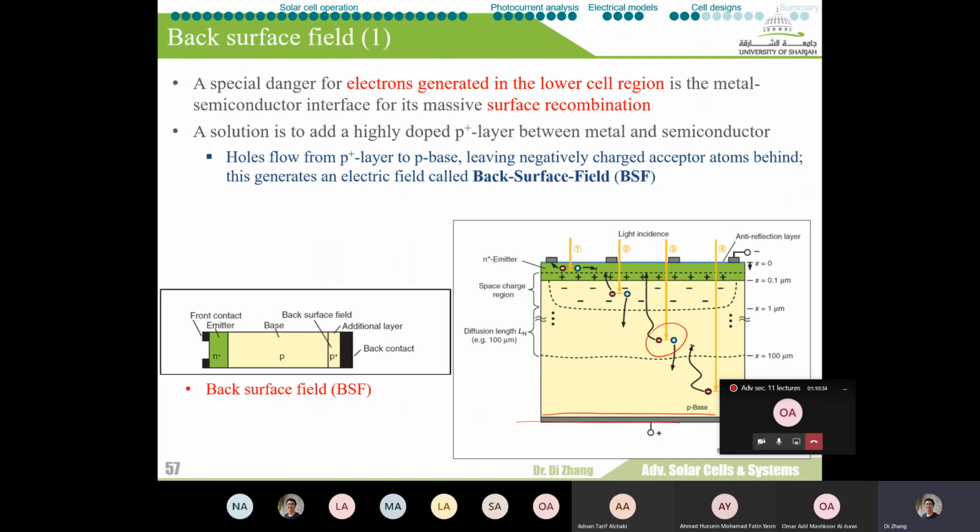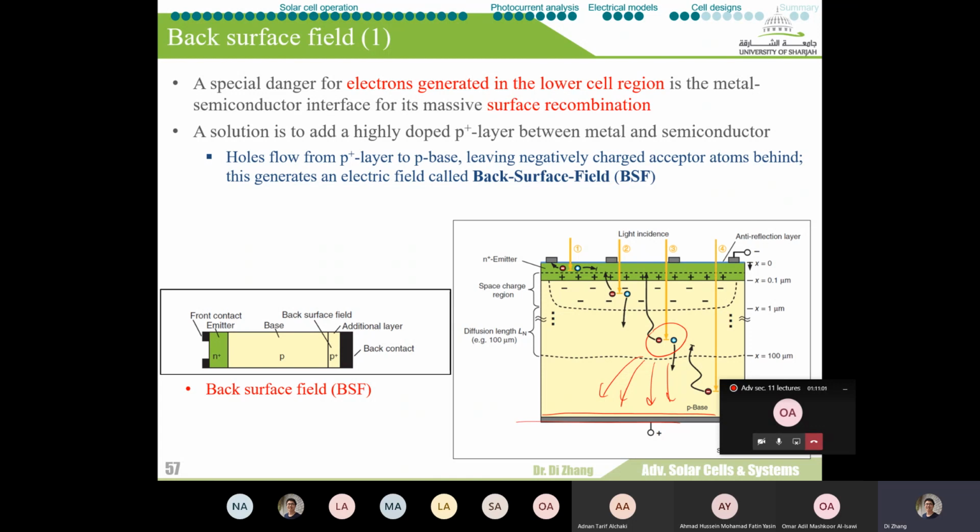With the very high surface recombination, basically the back surface is always attracting the electron and hole pairs. So they have a tendency to be attracted to the backside, but then if they reach the backside, they will be recombined, and this is something we do not want in our solar cell. So what can we do to reduce the back surface recombination?